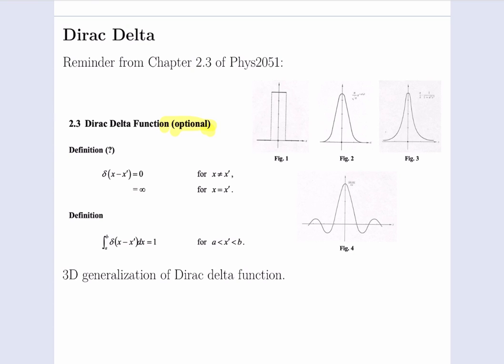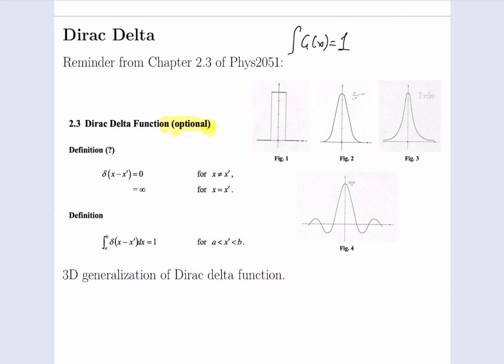But you can try to think of this delta function as a limit. So imagine that here we have this kind of step function, right? And for this step function, we make a requirement such that the integral of this step function should always be kept as a constant 1.